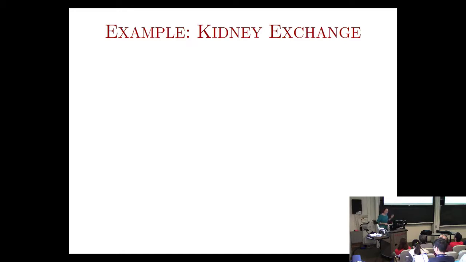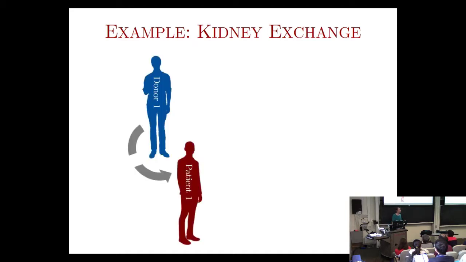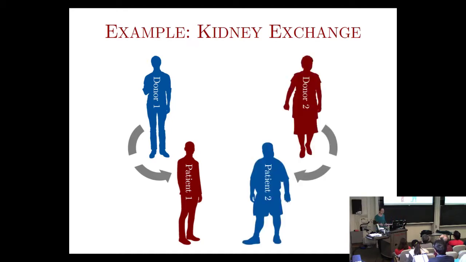So in the most simple form, the idea is that you have a pair of donor and patient that are medically incompatible. So donor one maybe is the brother of the patient. He's willing to give one of his kidneys, but they're medically incompatible. Here's another pair, maybe a wife and her husband. So the wife is willing to give a kidney to her sick husband, but they're medically incompatible.